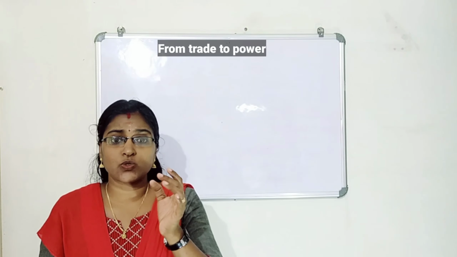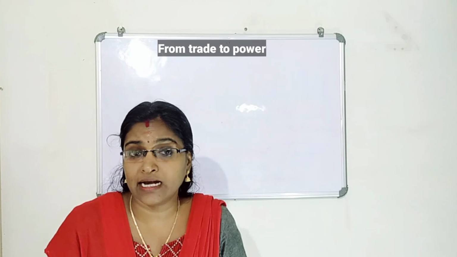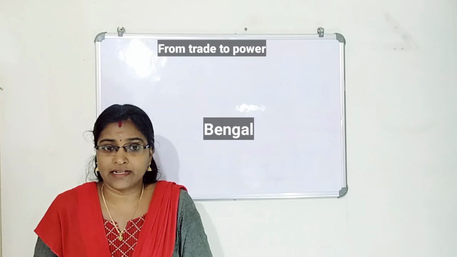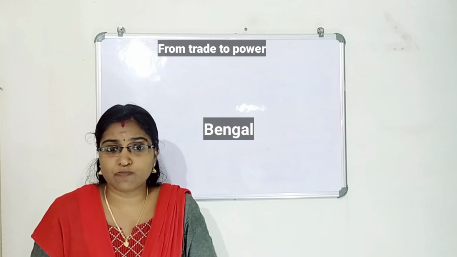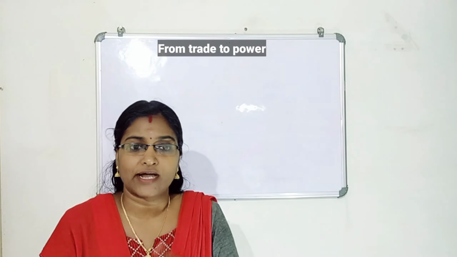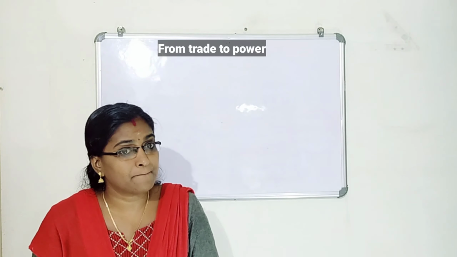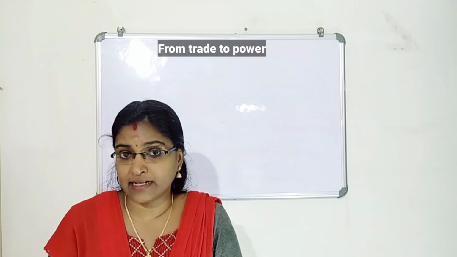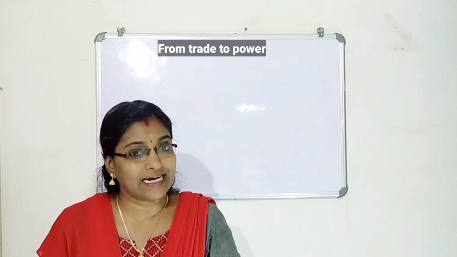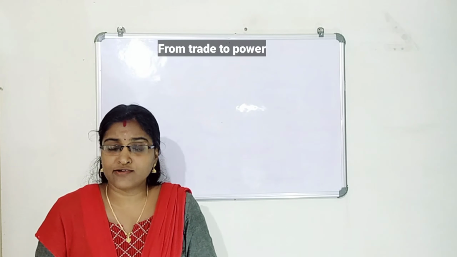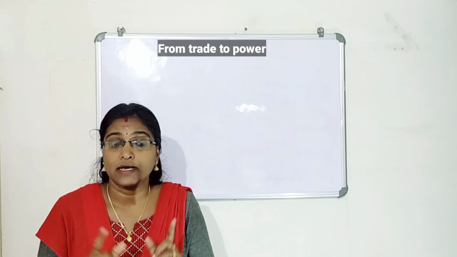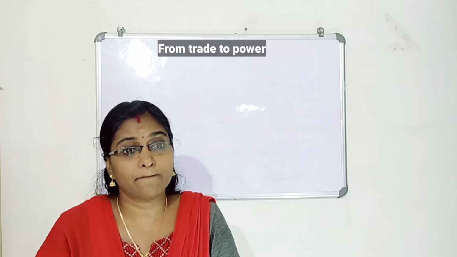The company's rule in India had begun in Bengal. Why they selected Bengal? Reason behind that, agricultural prosperity and the convenient trade facility prompted the British East India Company to capture power in Bengal.